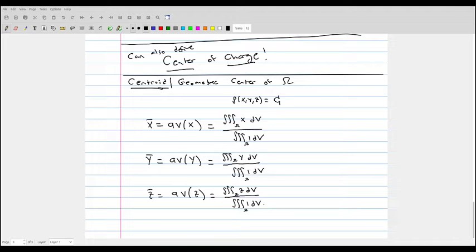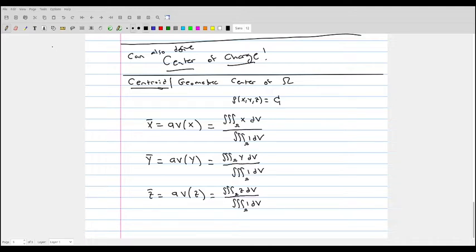So this is one of the real reasons why the center of mass and the centroid are both very important things to calculate. Oftentimes you want to use both of these points to help you engineer your object to satisfy certain optimal conditions.